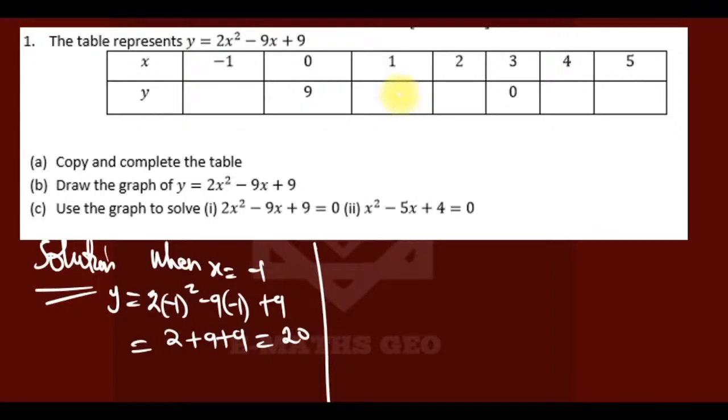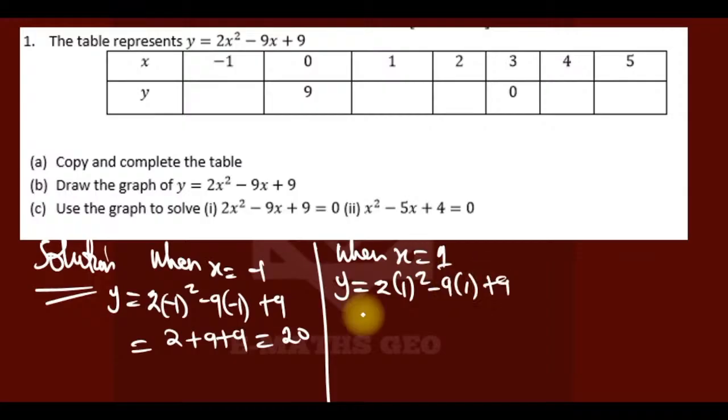Let's check for 1. When x is 1, y is 2 times 1 squared minus 9 times 1 plus 9. This is 2, but minus 9 plus 9 is 0. That's how we do it for other values. Let's just paste the table so that we won't waste time.